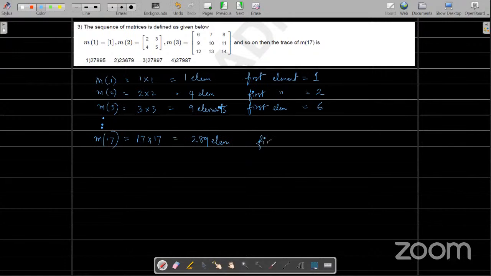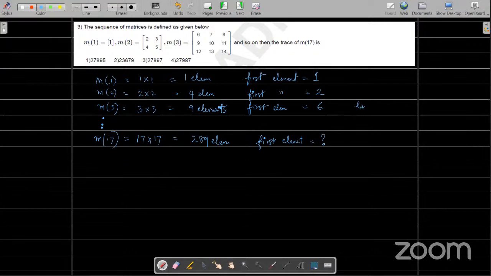What is the first element? Because if I get the first element, then the rest of the numbers will be the corresponding number of elements. Like in the case of 9 elements of 3 by 3, the first element is 6. So starting from 6, I can write the 9 elements.